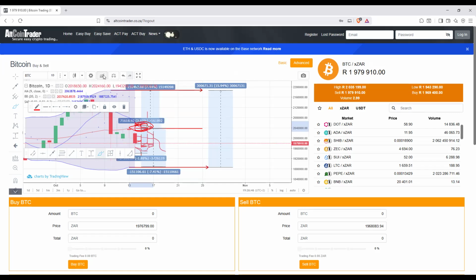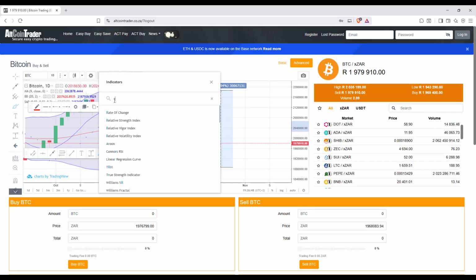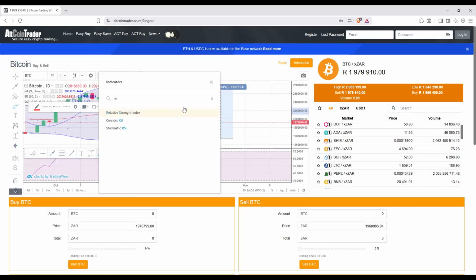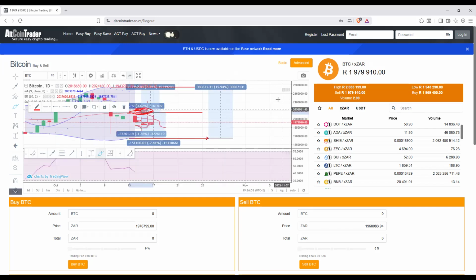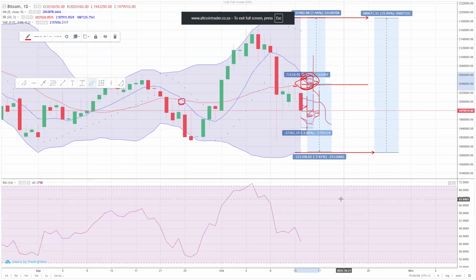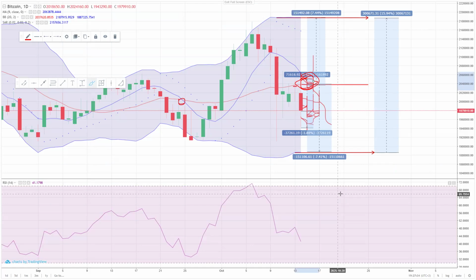I'm going to add the RSI. And then we have a look at this, and it's a one-day graph in full screen mode. It's better to sit and analyze the graph than to try and figure out, okay, I just want to make a quick buck.